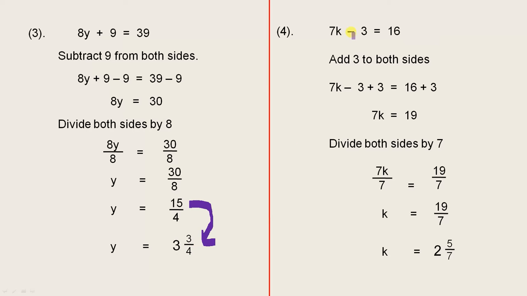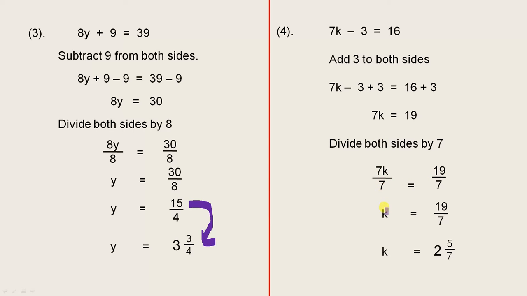Number 4, 7k minus 3 equals 16. Because that's minus, we add 3 to both sides. We've done that here and there. The 3's cancel to give us 7k. 16 plus 3 is 19. Divide both sides by 7. We've done that there.